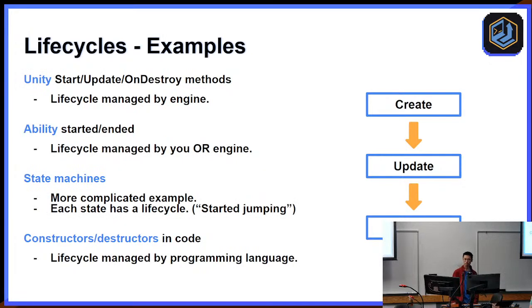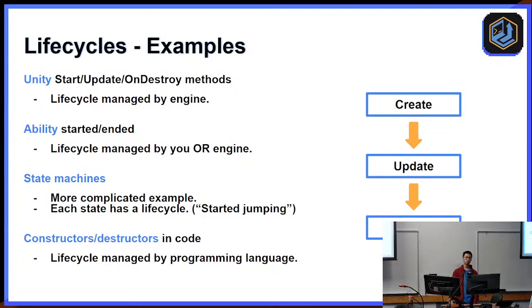Some examples of this, as I said: Unity's Start, Update, and OnDestroy methods. This is an example of lifecycle managed by the engine. These aren't networked by default, but frameworks will often do that for you. Ability started, ended is something managed by you or the engine. State machines are an extension of life cycles, and a more complicated example. Each state has a life cycle.